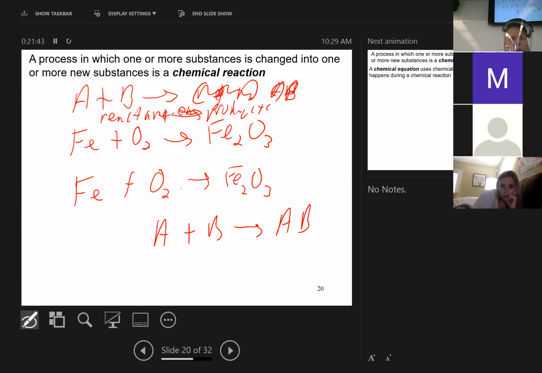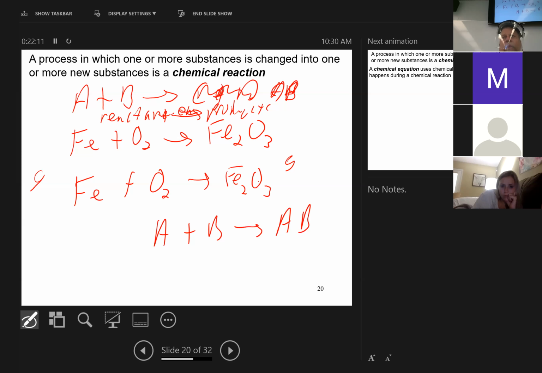But basically, the key thing is that the amount of materials on one side in grams will give a certain amount of grams of material on the other, depending on what the reaction is. But they all have to balance. How much iron you have and how much oxygen you have will give you how much product.